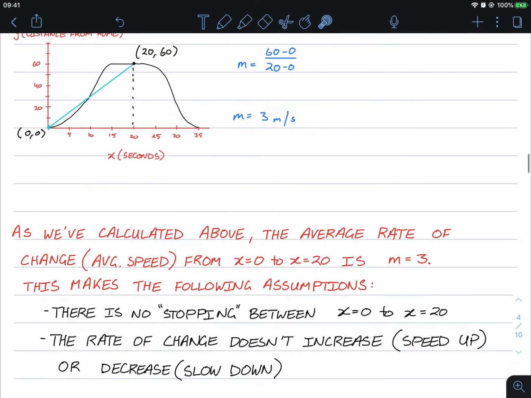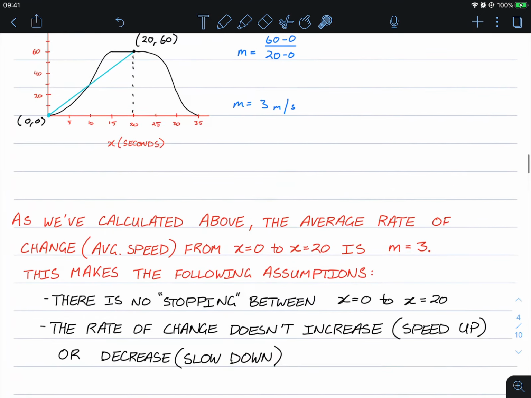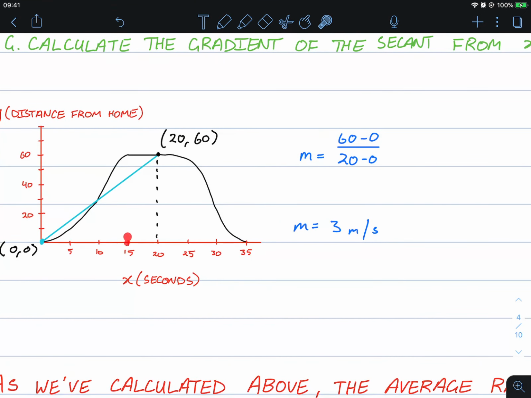The second assumption it makes is that the rate of change doesn't increase or decrease, meaning that the car is always moving at a rate of 3 meters per second, or whatever it might be. But we can see that the car isn't always moving, as it's stationary from x equals 15 to 25. So from x equals 15, it's already stopped, see? But yet the secant says it's still moving.